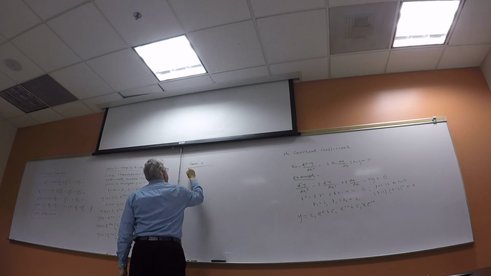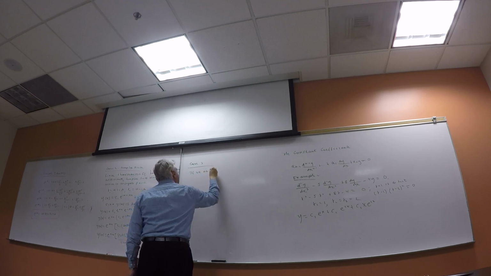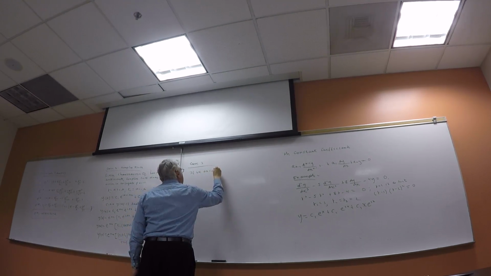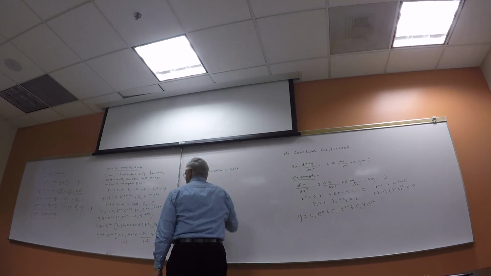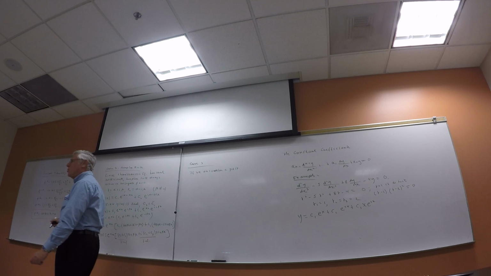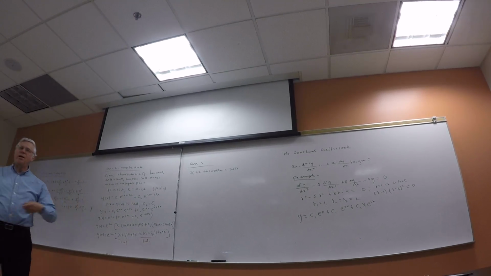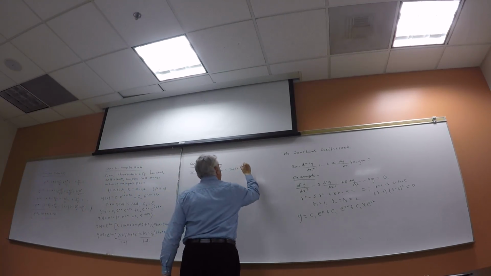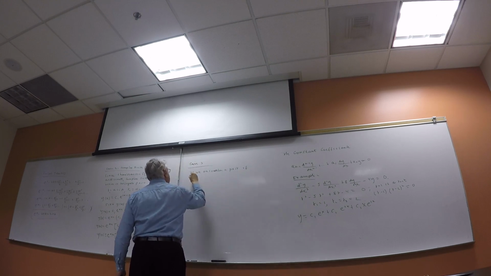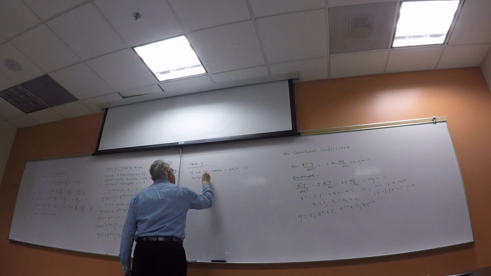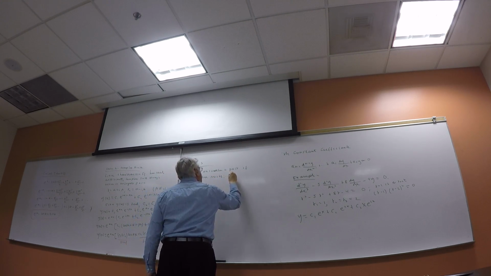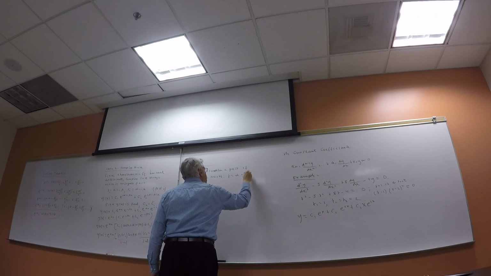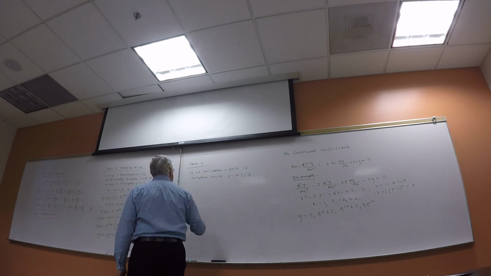If we encounter a pair of complex roots, and like I said, you're always going to get a pair because the equation has real coefficients. If alpha plus i beta is a root, then alpha minus i beta is a root. So if we encounter a pair of complex roots, namely r equals alpha plus or minus i beta, they always occur in those cases.